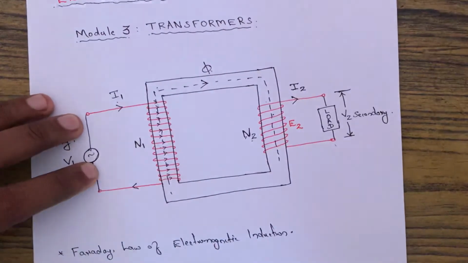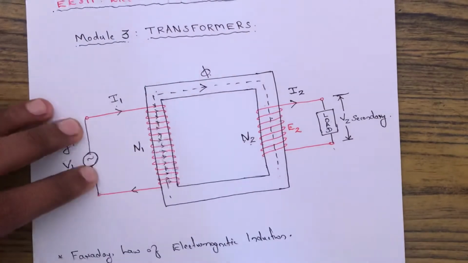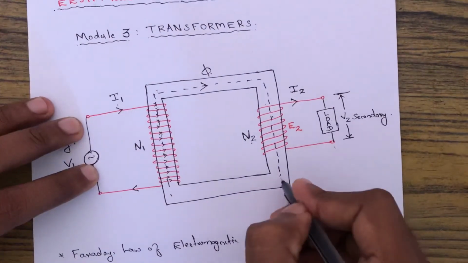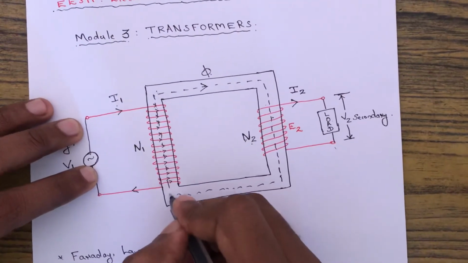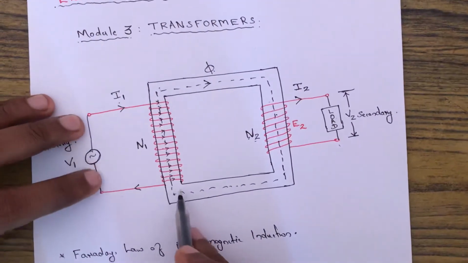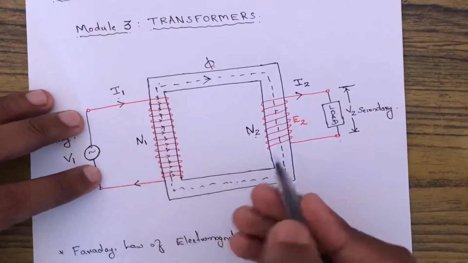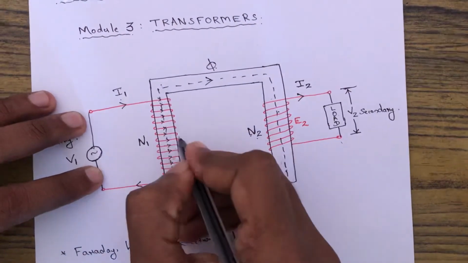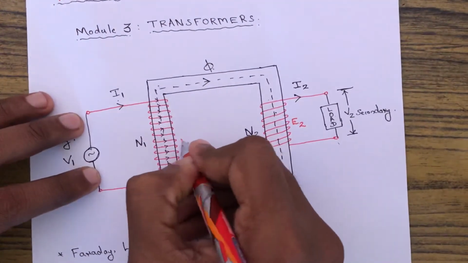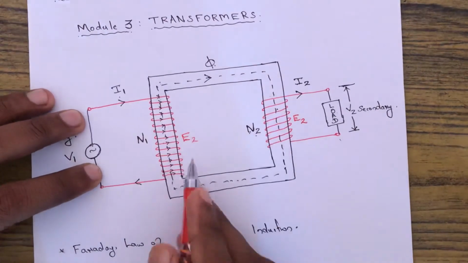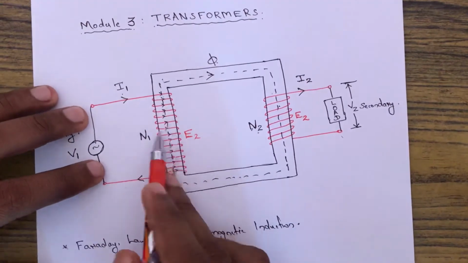After this, the flux again travels through the iron core and links with the primary side winding again. Again, alternating flux and a stationary conductor, so an EMF will be induced here also. Let us say that induced EMF is E1. This is like the back EMF in DC motors, a self-induced EMF.